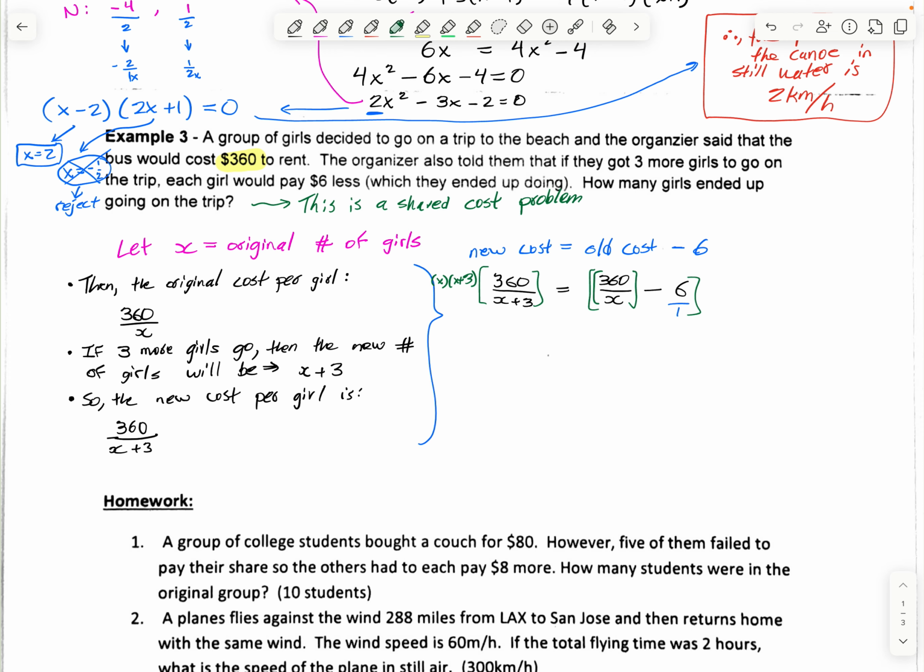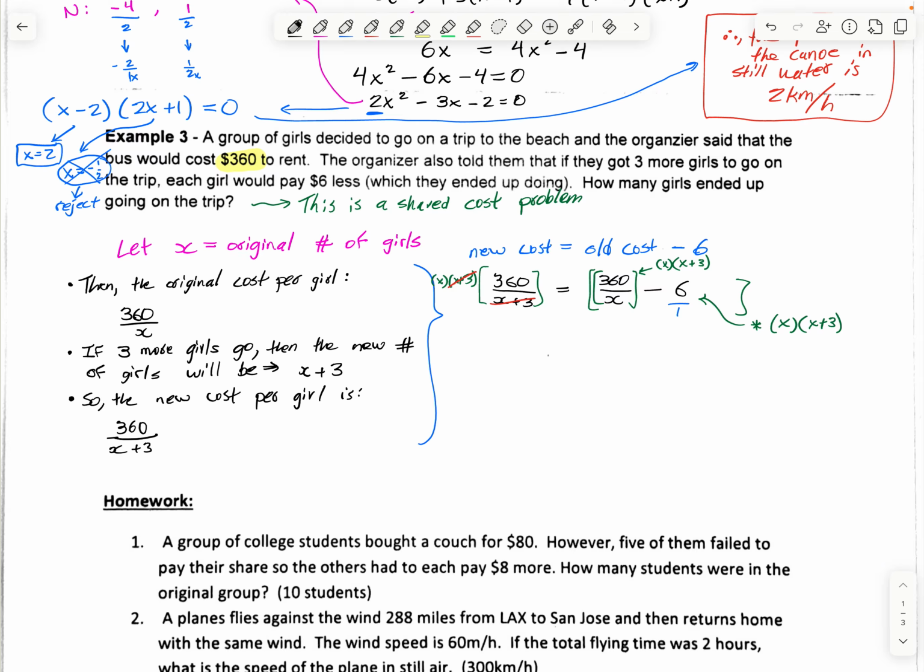This thing is getting multiplied by x times x plus 3, and this thing is also getting multiplied by x times x plus 3. Now you're going to see that there's just a bunch of things being multiplied, and you're going to get things crossing off, right? x plus 3 here and x plus 3 here.